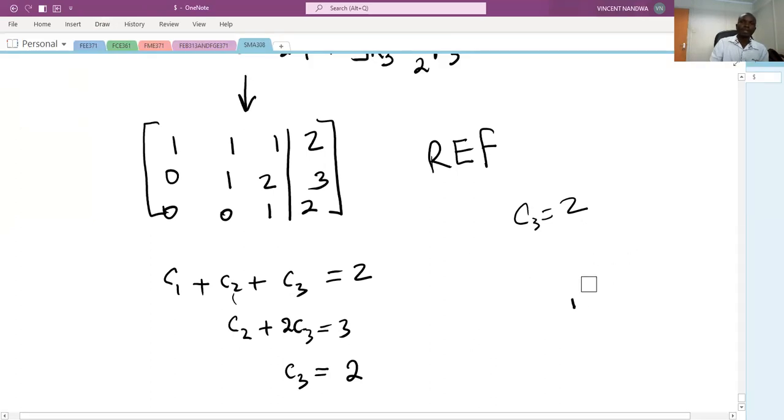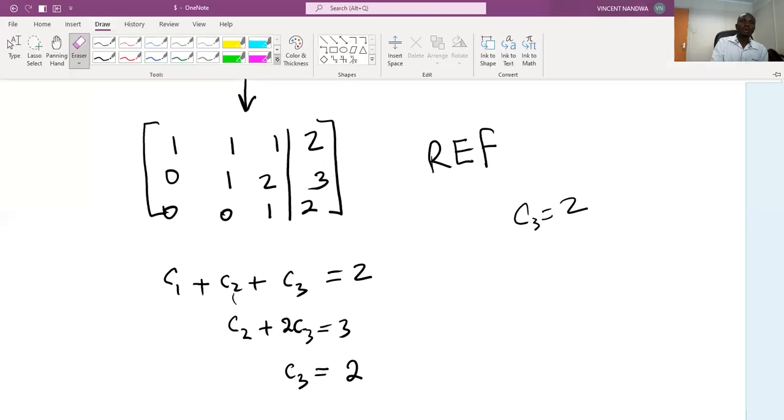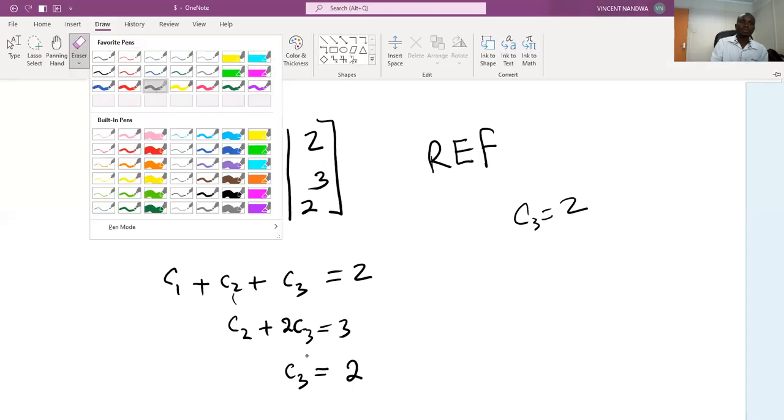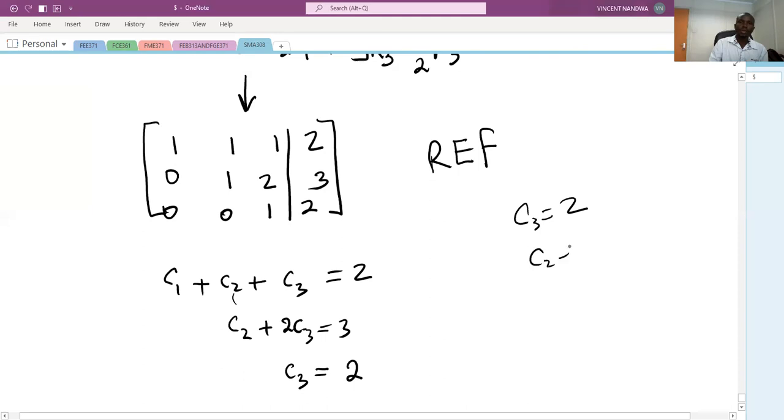So by back substitution, the first thing you see is that C3 is 2. And so from this equation, C2 is the same as 3 minus 2C3, but C3 I put 2. So it will be 3 minus 4, which is minus 1. And C1 is 2 minus C2, so minus minus 1, minus C3, which is 2.